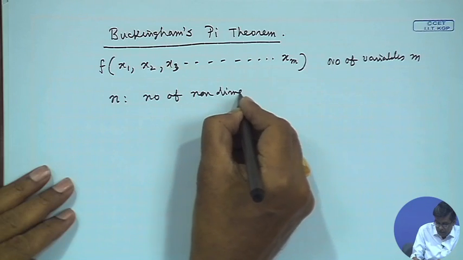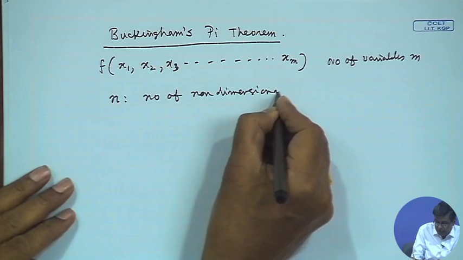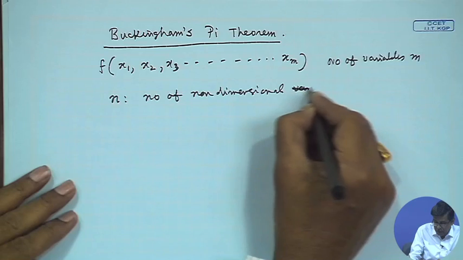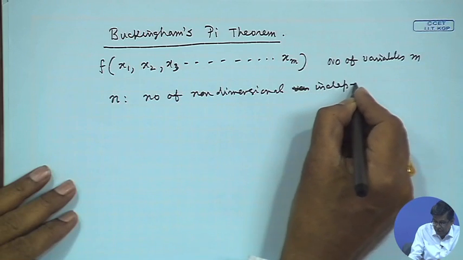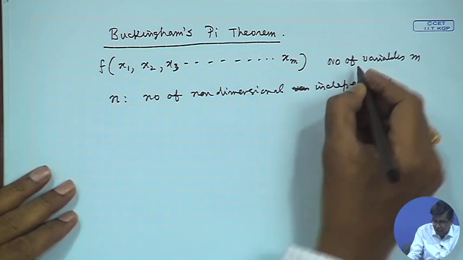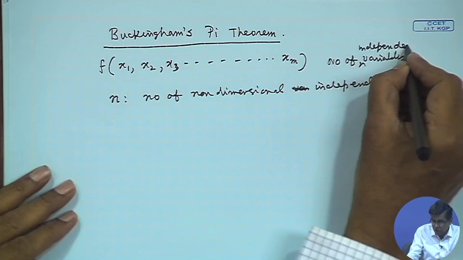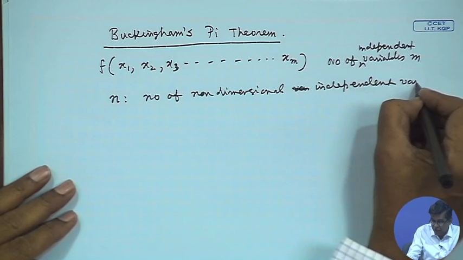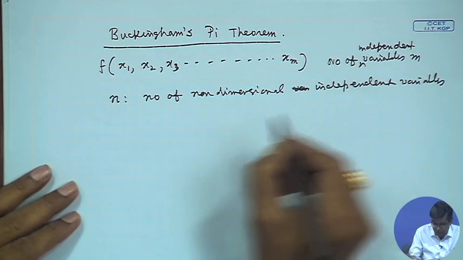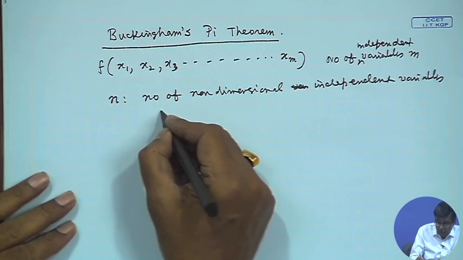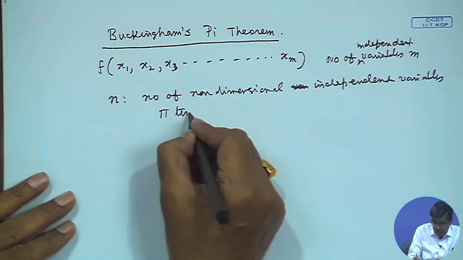This was given by Buckingham. The non-dimensional independent variables controlling the problem are known as pi terms.